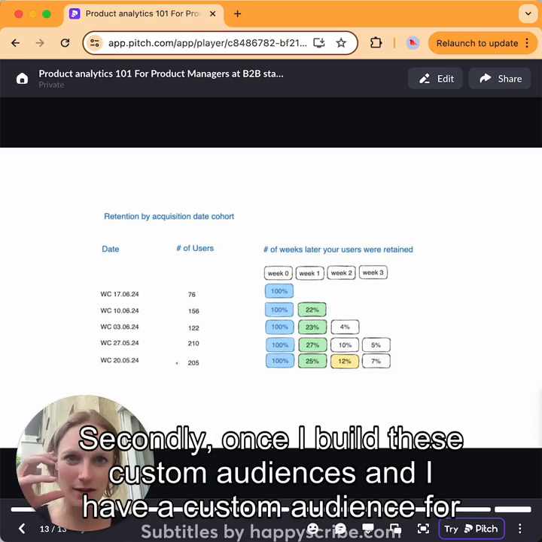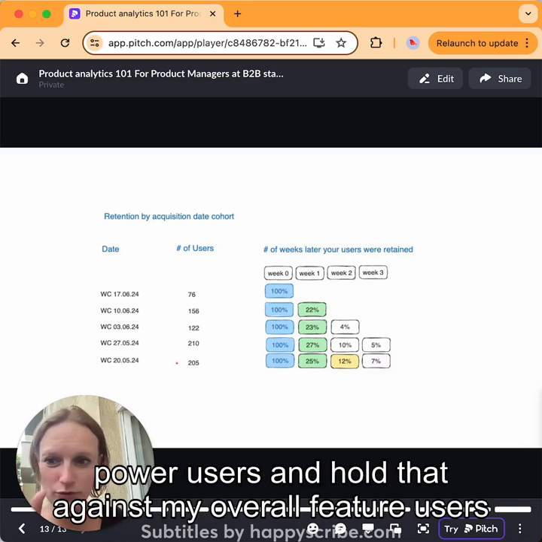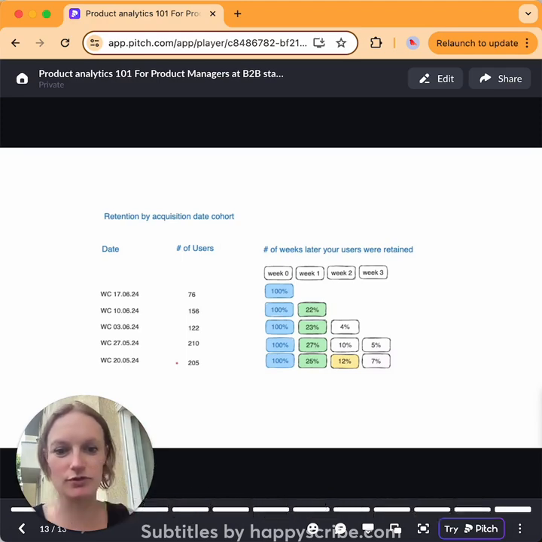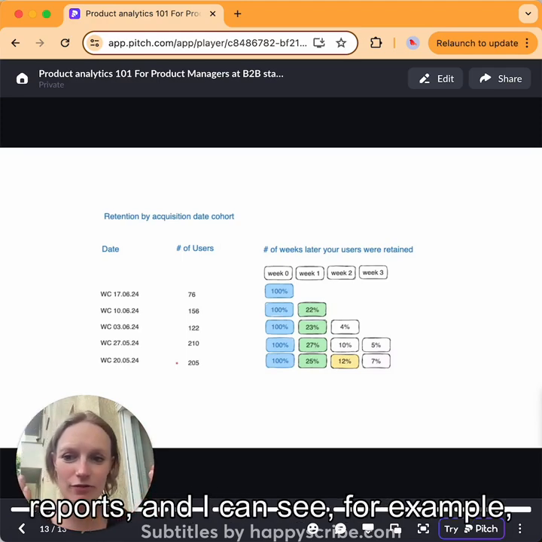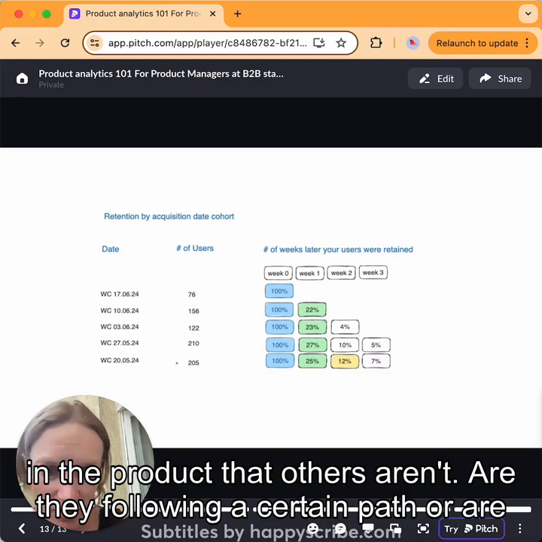Secondly, once I have a custom audience for my power users, I can run feature usage reports for these power users and hold that against my overall feature usage reports. And I can see, for example, whether my power users or my best retaining users are doing a specific thing in the product that others aren't.